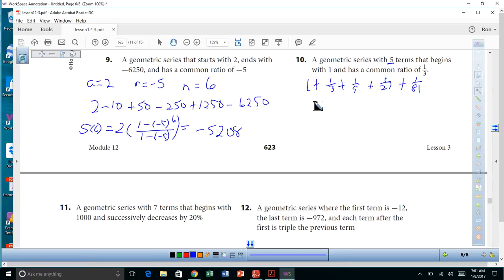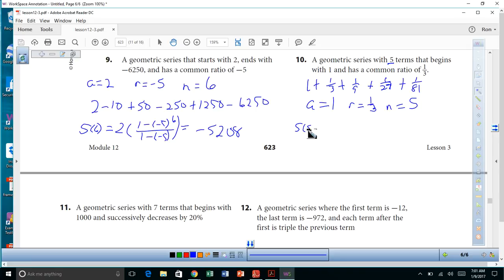All right, so we know that A is 1, we know R is 1/3, and N equals 5. Now, I didn't really have to do this up here, just show you how it worked.